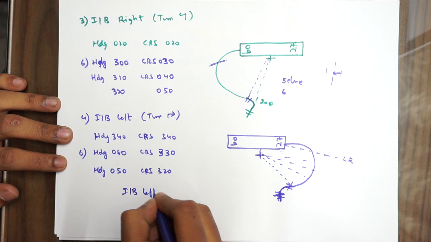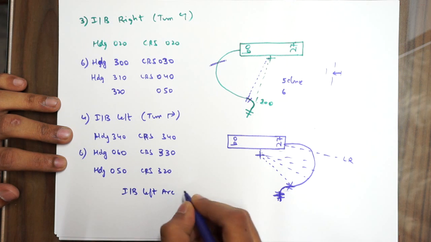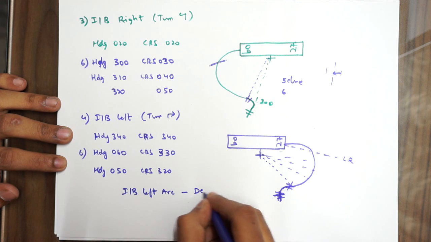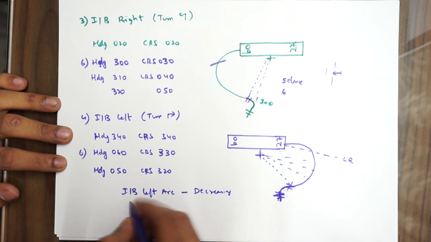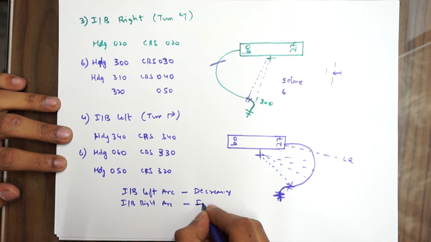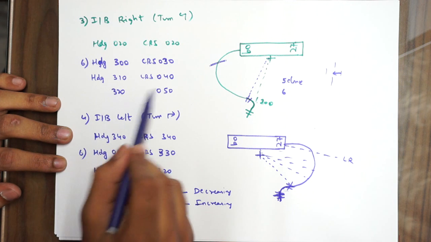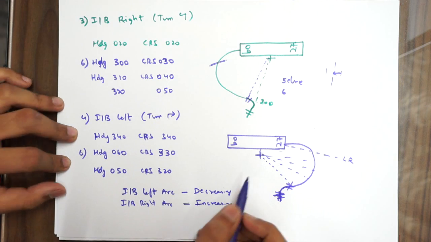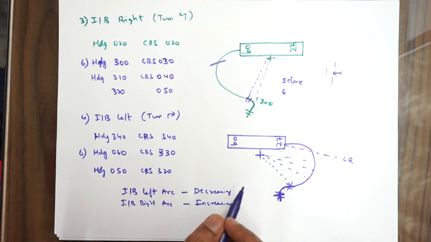Inbound left arc, that is you're decreasing. Inbound right arc, you are increasing. You can see here only 310, 320, 040, it's increasing.